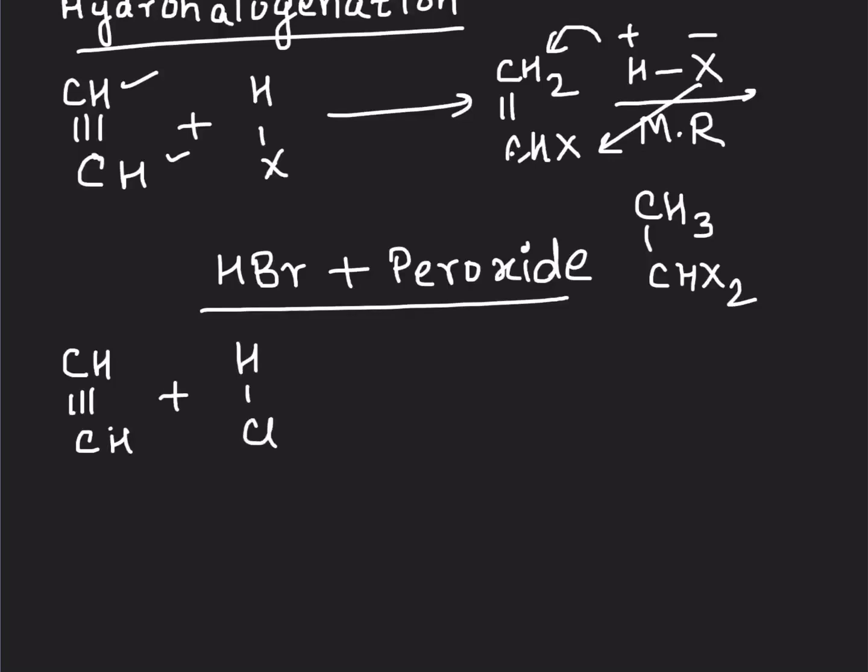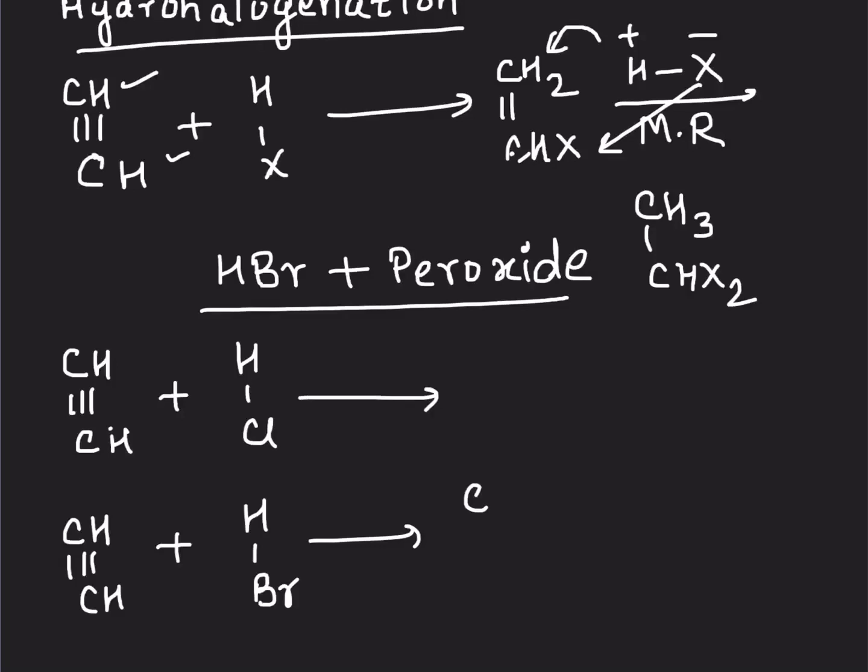Taking CH triple bond CH plus HCl and CH triple bond CH plus HBr. So you form the first product over here. Go ahead. I'll wait. Go ahead, tell me the products. So we have CH2 double bond CHCl and another molecule of HCl added to it.